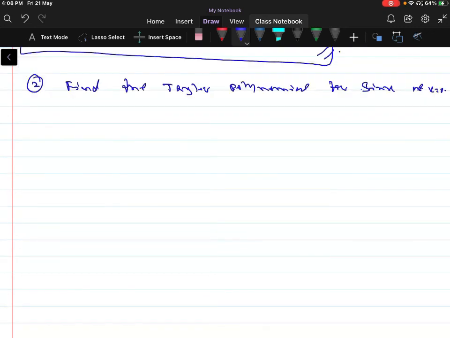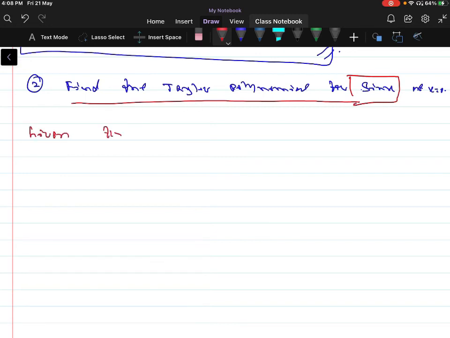So consider another problem. Find the Taylor polynomial for the function sin x at x equal to 0. Let us move to the solution. Given f of x is equal to sin x, f of 0 is equal to 0. Differentiate this, f dash of x equal to cos x, f dash of 0 is equal to 1.